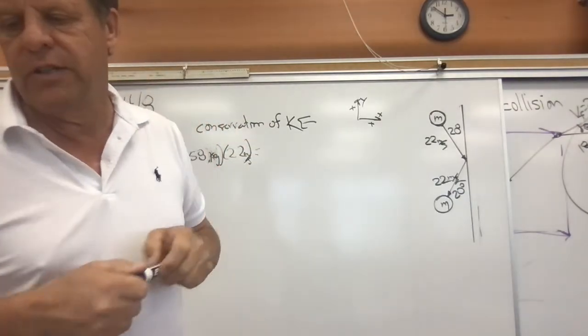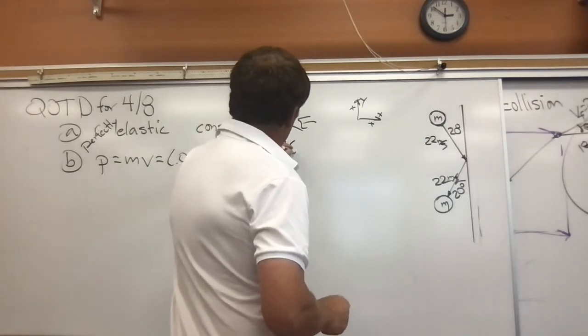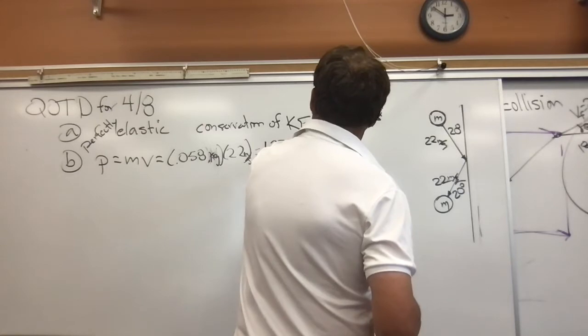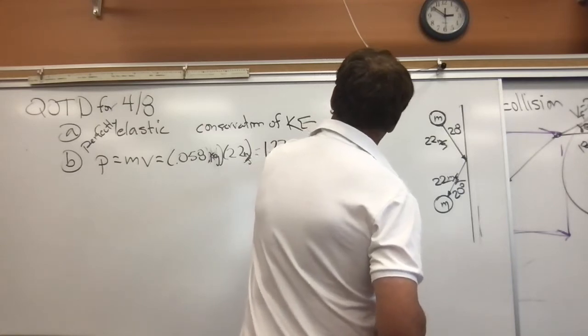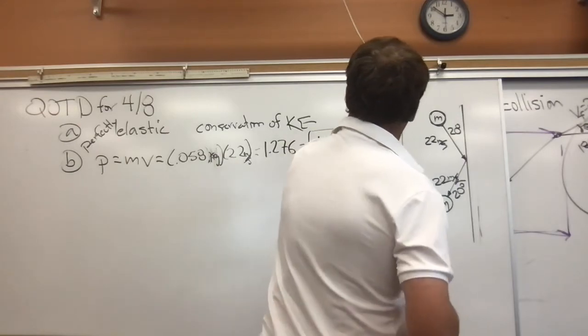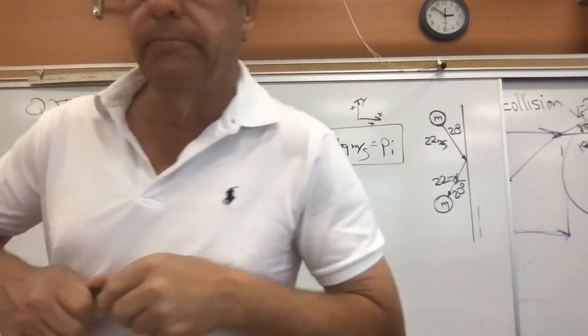That gives us 1.276, and since we have two significant digits, that's 1.3 kilogram meters per second. That is our initial momentum.